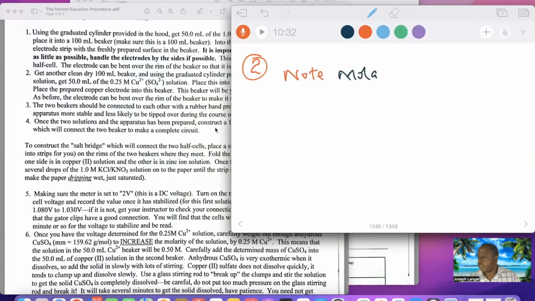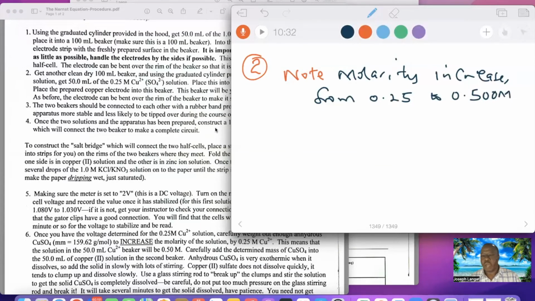The molarity increases from 0.25 to 0.50 molar, 0.050 molar.